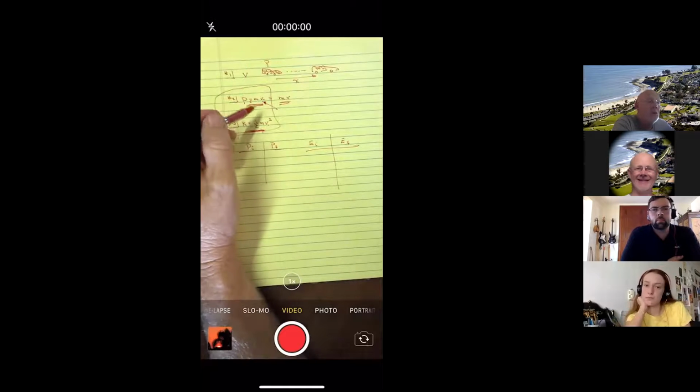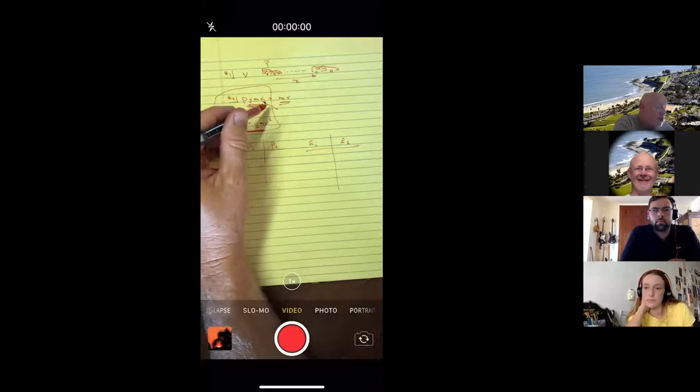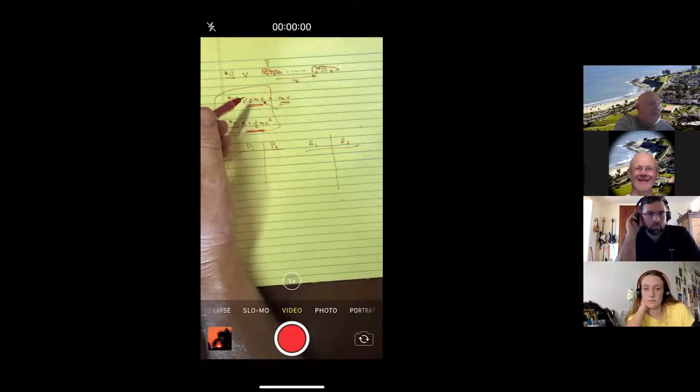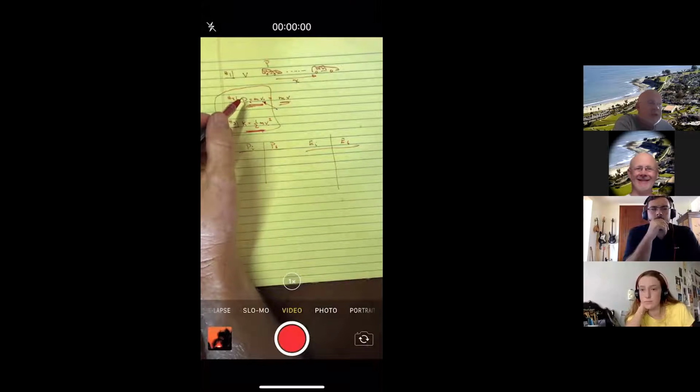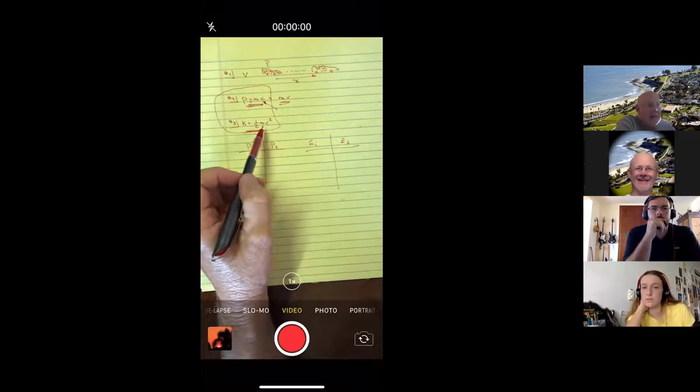One object could be going in the positive direction and have positive momentum, and a second object could be going in the negative direction and have negative momentum. When you put a positive number and a negative number together, you could come up with zero. And they're trying to get you to see that would never happen with kinetic energy.